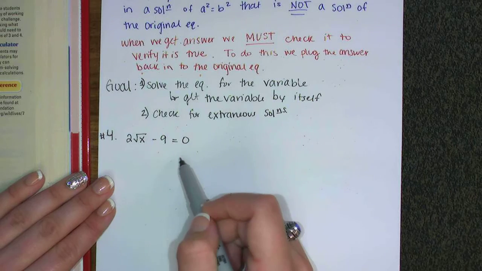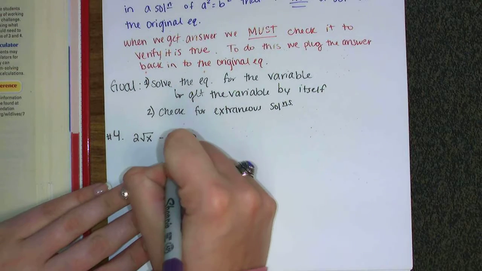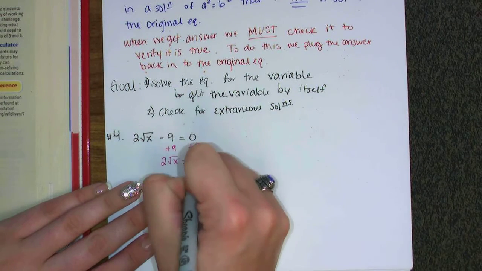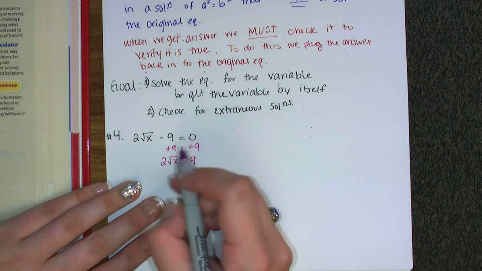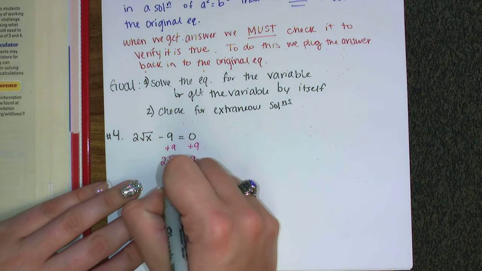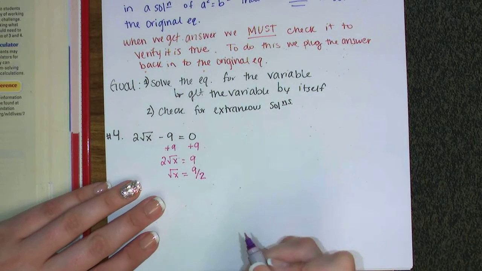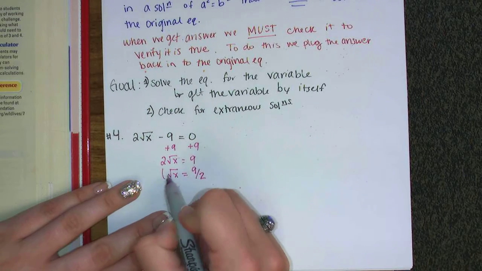So we need to, first of all, add the 9 over. So we're going to add 9 to both sides. So 2 square root of x is equal to 9. Now I need to divide by 2. So the square root of x is equal to 9 over 2. Now to undo the square root, I need to square both sides.